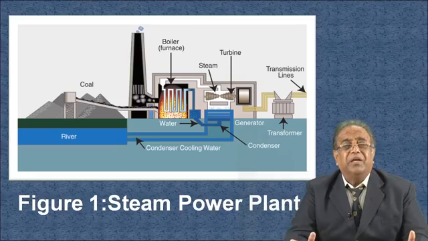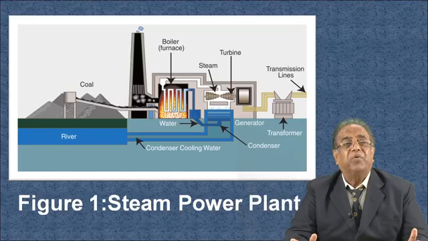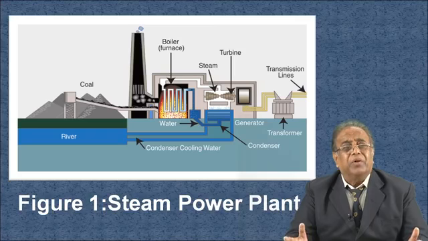Now, this is the schematic of steam power plant. You see that there are four components in this process. One is boiler, second one is turbine, third one is condenser, and fourth one is the pump. In the boiler, coal is burned and the heat is generated.